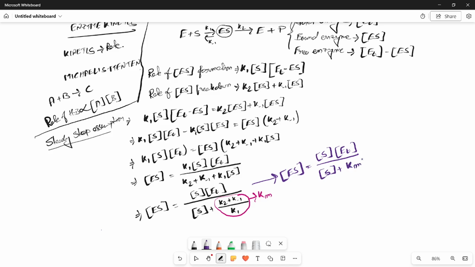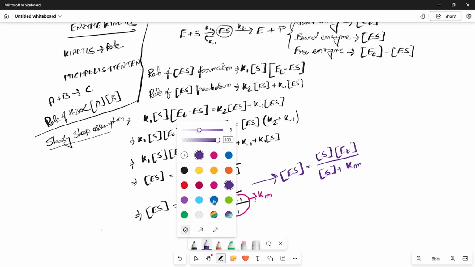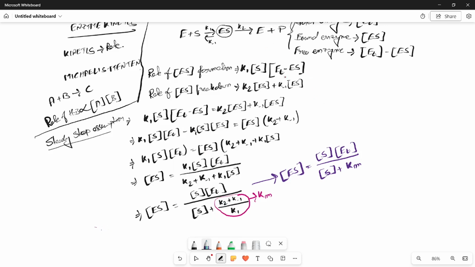Okay. Now, what is this rate of formation? If we consider the rate of product formation, that is the velocity of product formation, we can write it simply like this. The rate of product formation is entirely dependent on ES, and the rate constant of formation is K2.